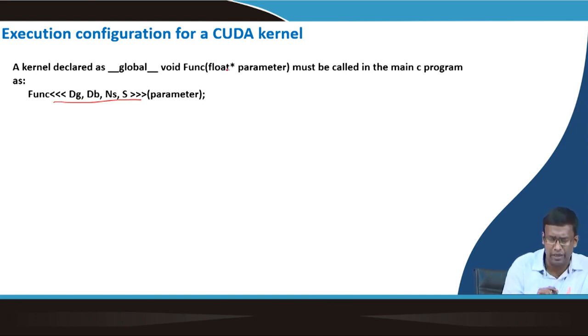When it is called, the function name is written, then three less-than signs and three greater-than signs, and within these certain parameters are passed, and then some other parameters are passed as arguments for this function.